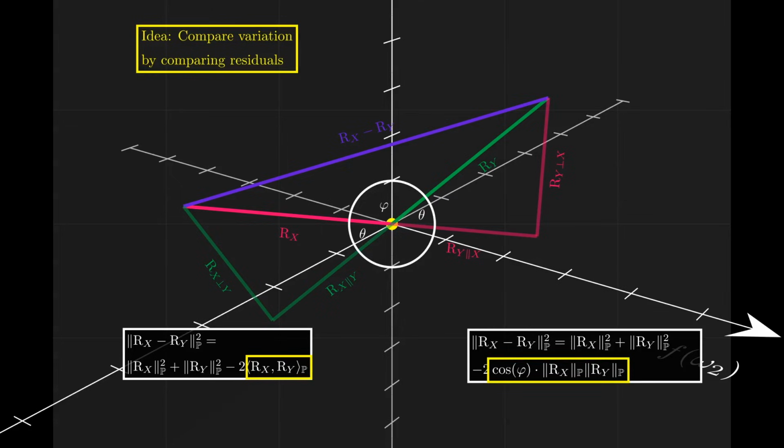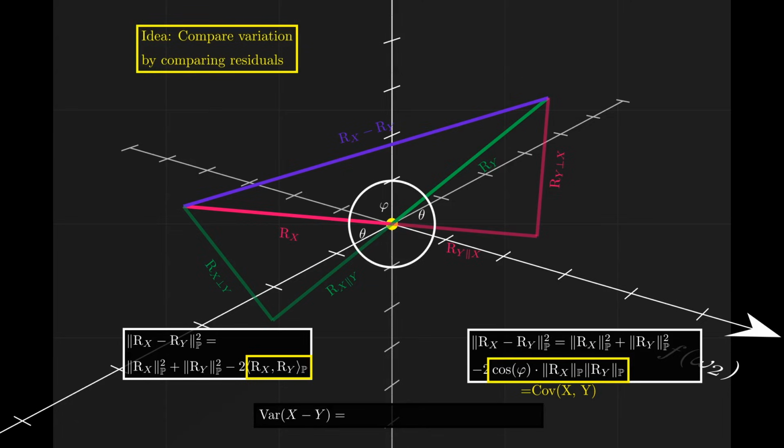Second, we have seen that the variation of x in the direction of y and the variation of y in the direction of x, that is, how much they vary together, namely the covariance of x and y, is simply captured by this term here, which measures how much one of these residuals can be explained in terms of the other. And based on this formula, we can see, for example, that this is a term that is symmetric in x and y, such that the covariance should be symmetric in x and y.